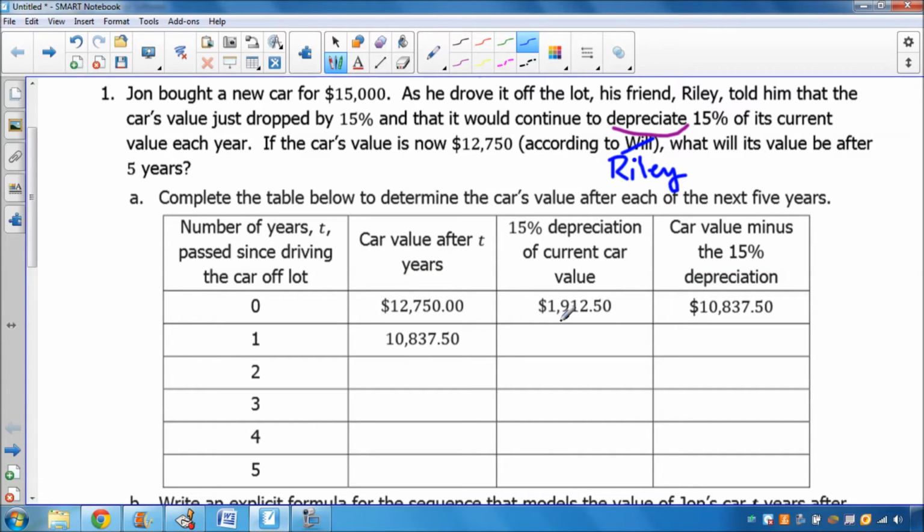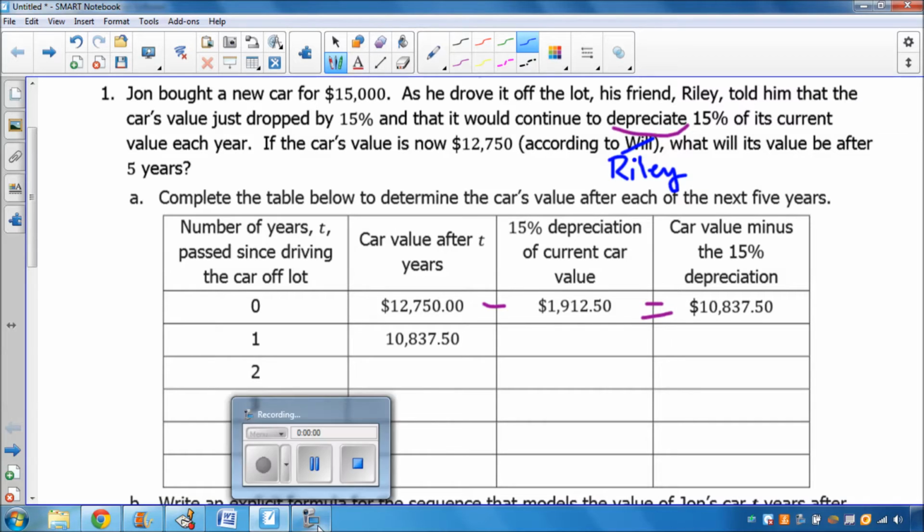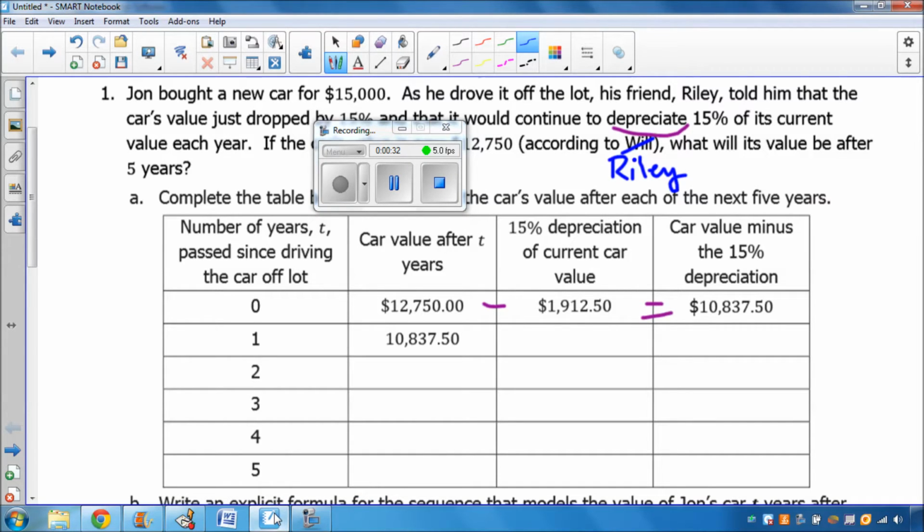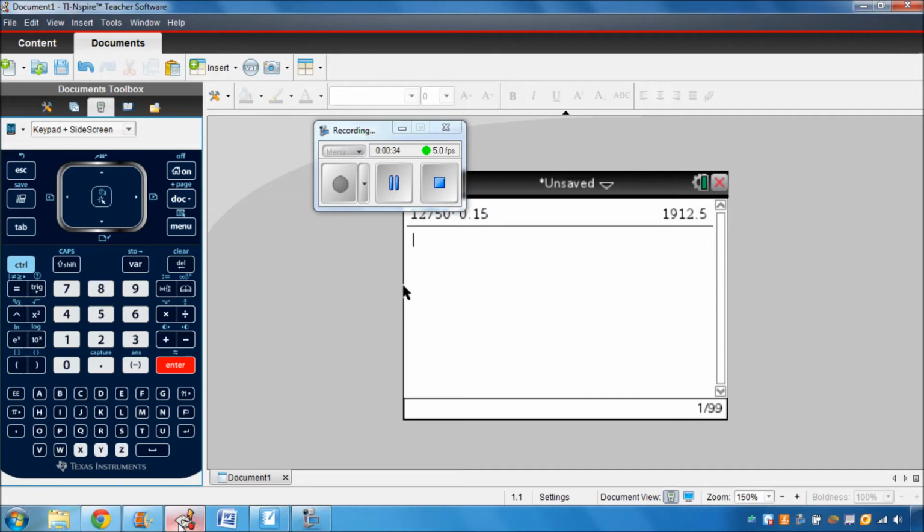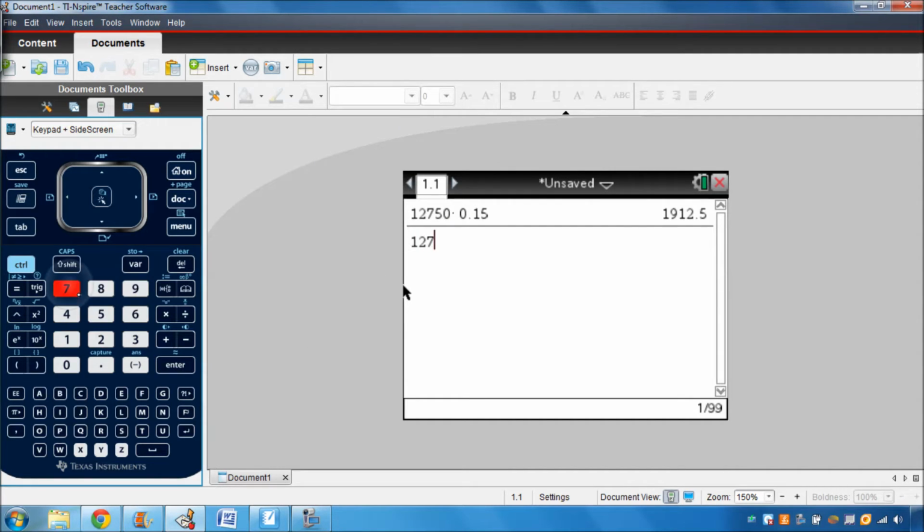So right here, that's how we got 1912.50. Then if you were to subtract these two values from each other, you would end up getting this number right here. So let's go ahead and try that. So I would take $12,750 and I would subtract $1,912.50, and that's how you get $10,837.50.